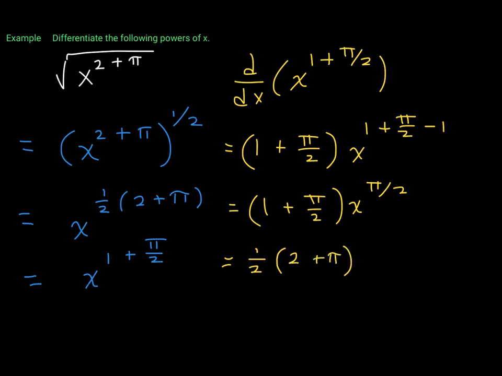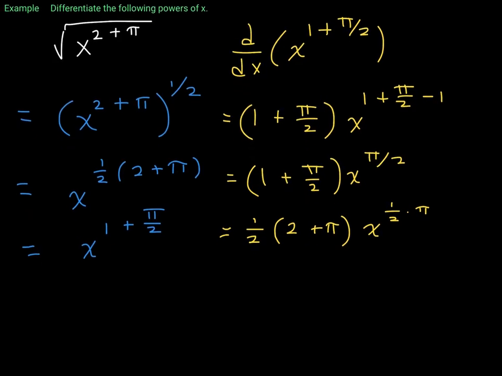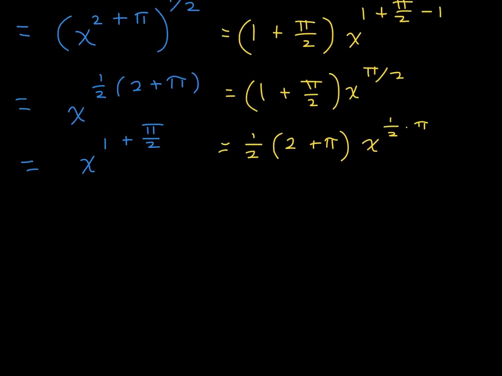If you factor out a 1/2 from both of these terms, we know we're right, because if you distribute 1/2, half of 2 is 1, and half of pi is pi over 2. And then furthermore, this is pi over 2, so this is really 1/2 times pi. And that 1/2, let me move this up just a little bit. That 1/2 right here, power, is really the square root.